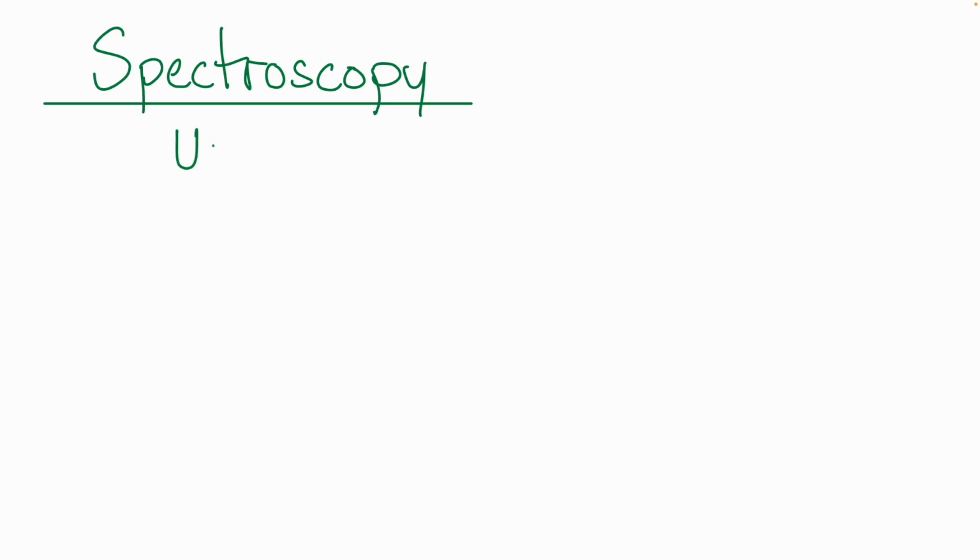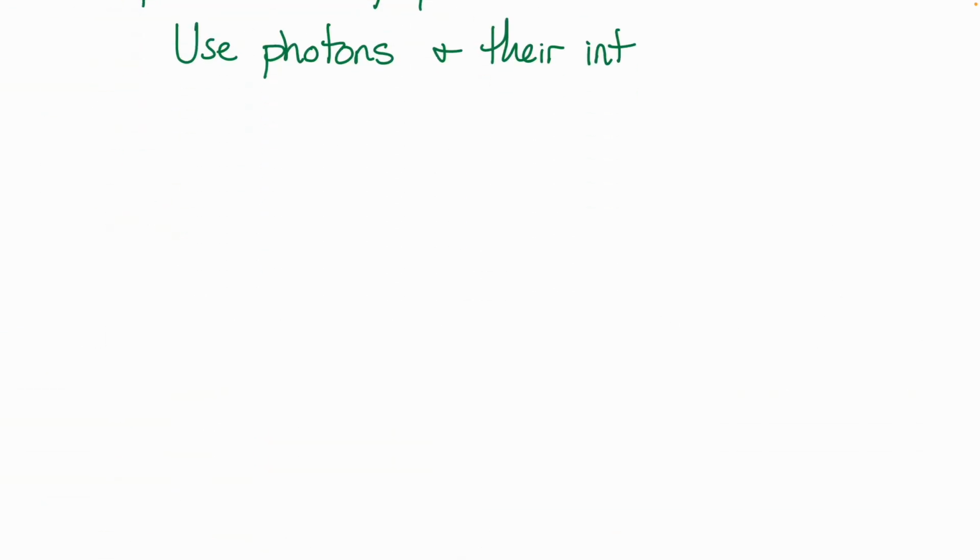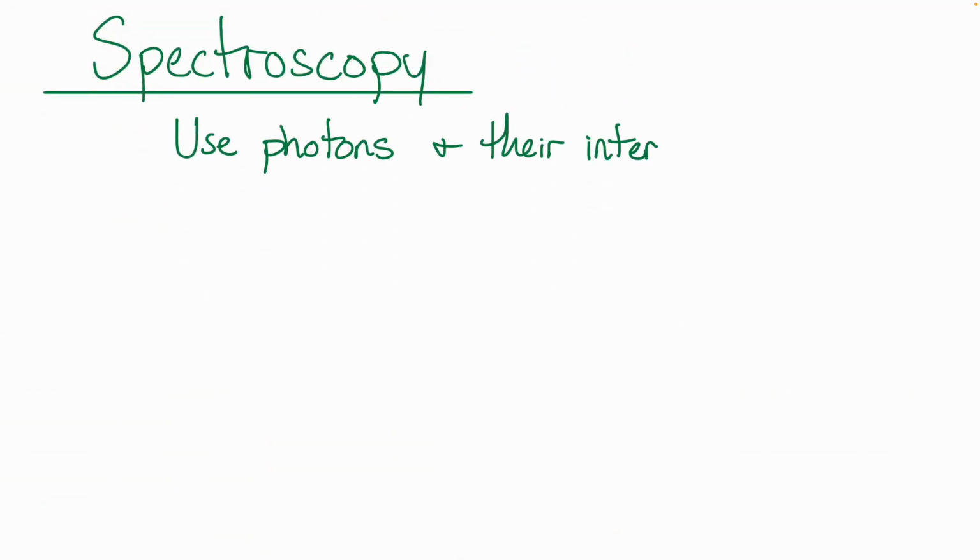What we're going to be doing is using photons and their interactions with atoms to take certain measurements. And depending on what photon we use, we're measuring different things here.